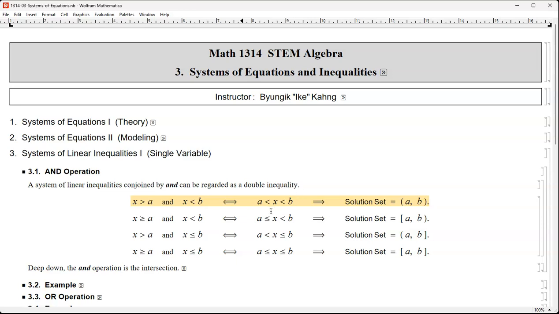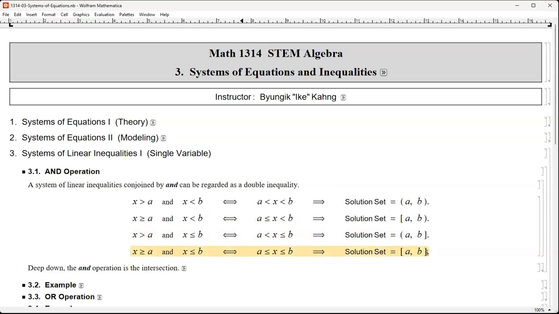Here again, x is greater than a and less than b. If I read them, they are the same. I just realized that. In any case, we end up with an interval, open interval a to b, because both inequalities are strict. And in this case, one of them becomes a semi-inequality, so we have a bracket there, and vice versa.